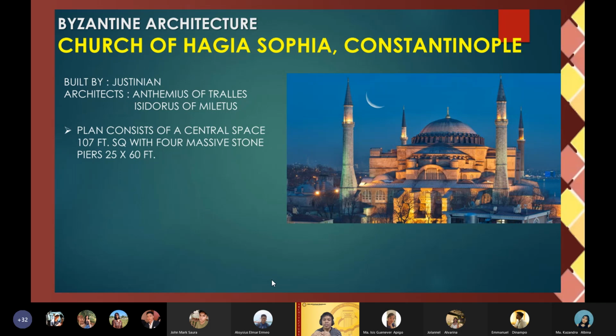So during the time, ni improve ang architecture along Byzantium or Constantinople, and they've created the Church of Hagia Sophia during the time of Constantine. But there's a riot that happens.